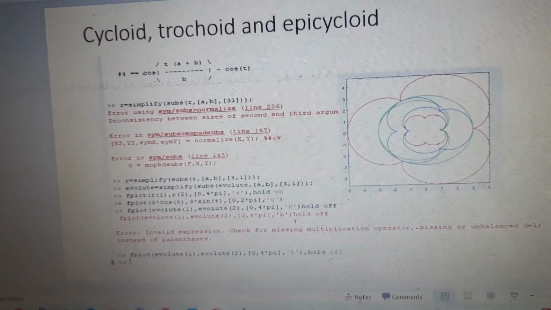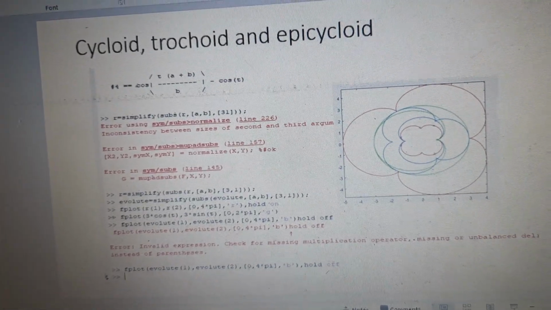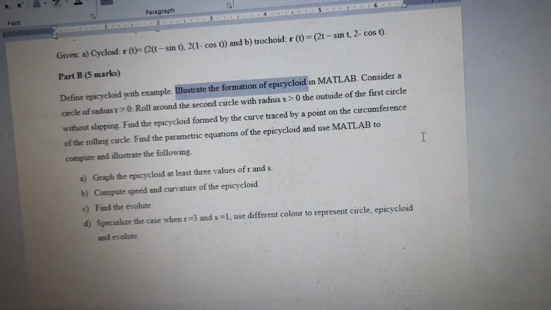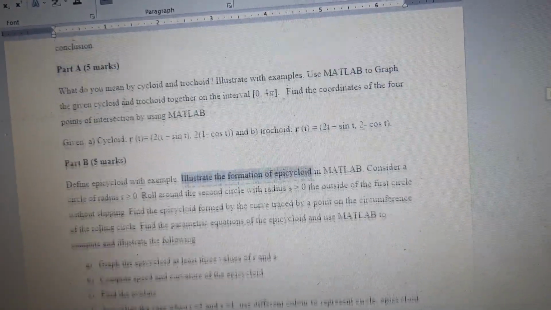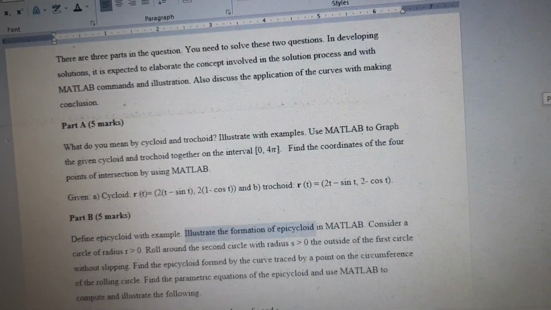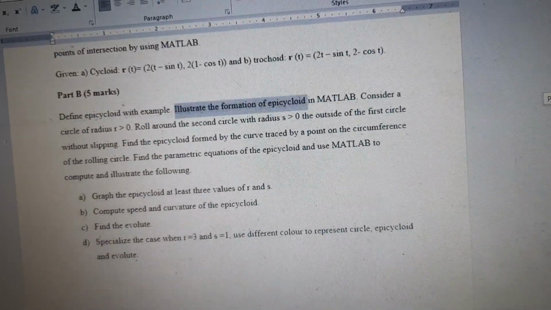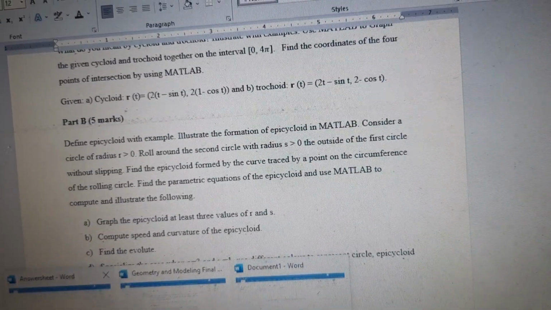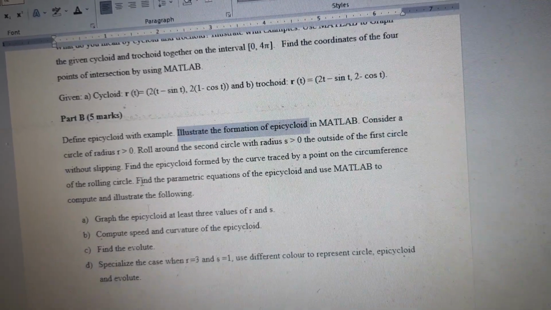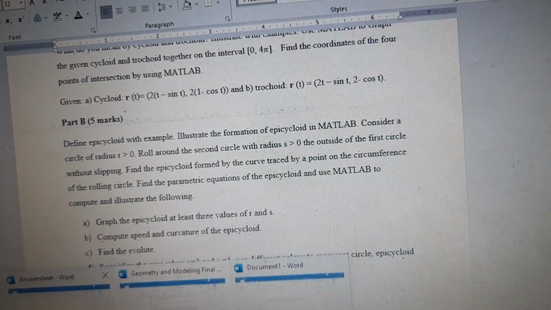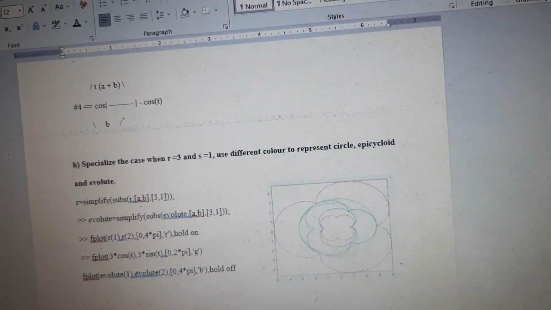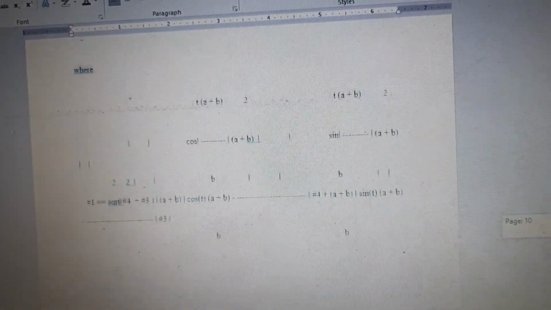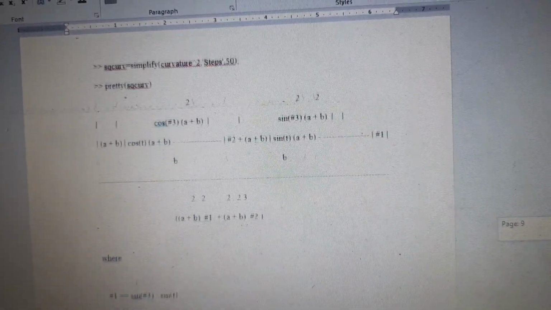Okay, in this way my first question, part A and part B, about cycloid, trochoid and epicycloid, I have completed in the slide and in the insert sheet also. So epicycloid, cycloid and trochoid.